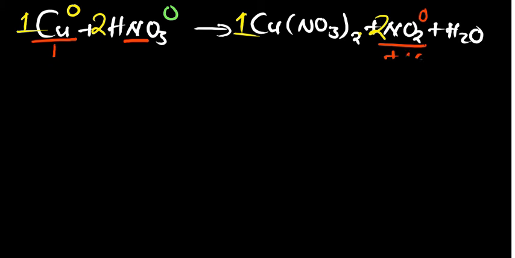Okay, so let me just try to erase. So we'll start with copper. On the left hand side you have a single copper, on the right as well 1, so balanced. Hydrogen atoms, we have 2 there, we have 2 there, balanced. Nitrogen, here there are 2, there we also have 2, balanced. Oxygen, here you've got 3 times 2 giving us 6.